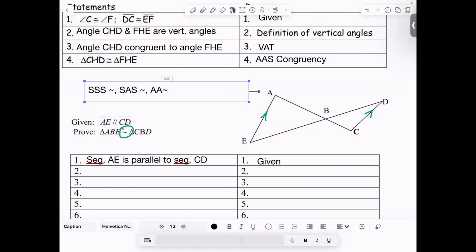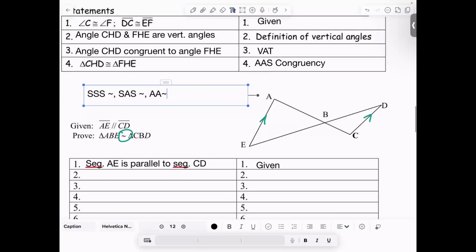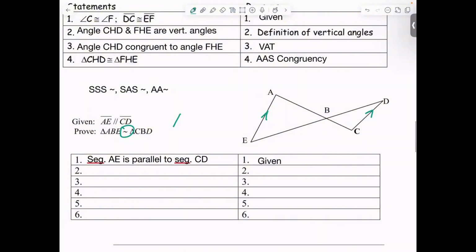So you could have a triangle, for instance, like this, and each side is 1, and then each side is 2 over here. So we have small triangle, bigger triangle. If everything scales up by a factor of 2, they're all in proportion to each other, we can use that triple side similarity to say they're similar.